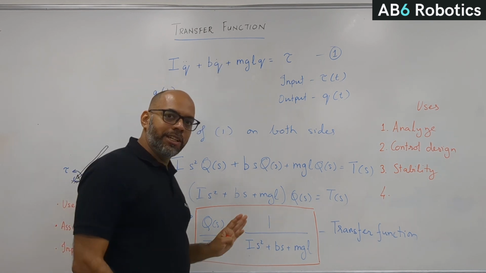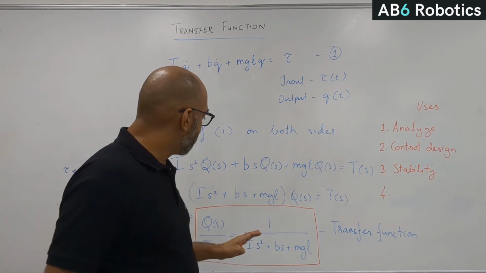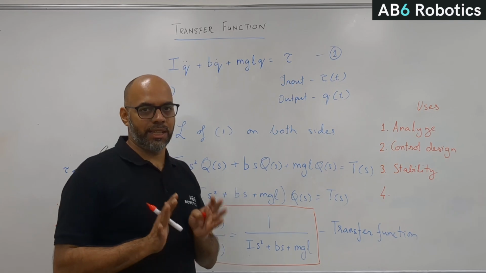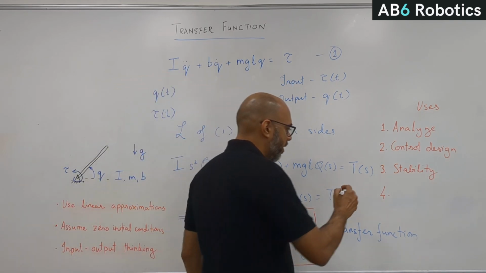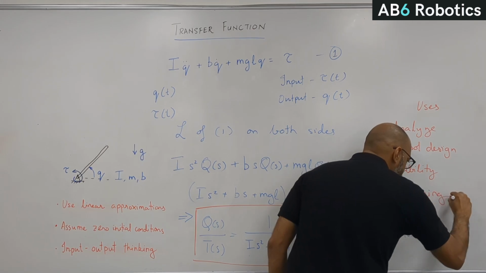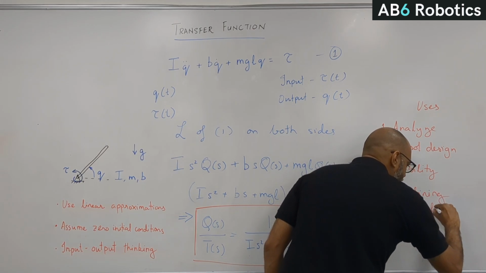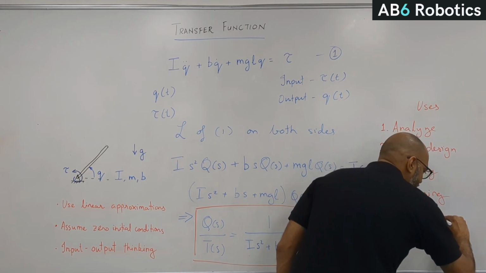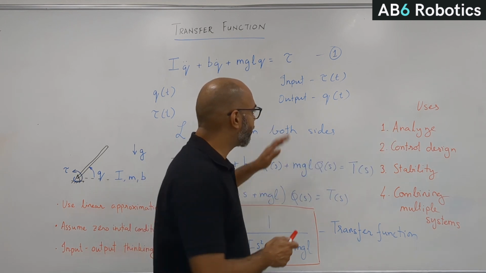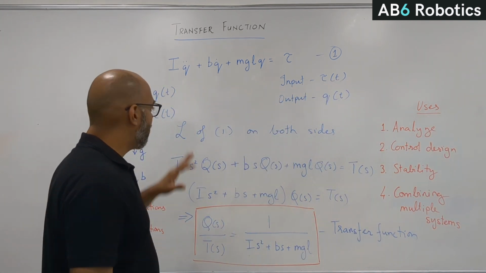Combining differential equations is a complicated affair because you have to do convolutions. But in transfer function form, it's very convenient because you can simply multiply them together. So combining multiple systems or subsystems is very convenient in transfer function form. These are four major reasons why the transfer function form is very convenient and widely used in controls.